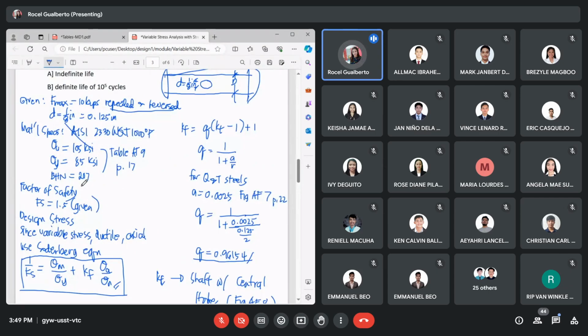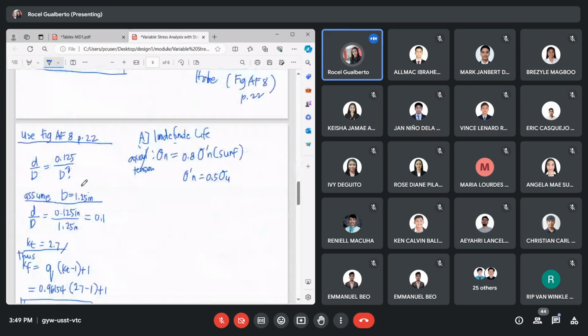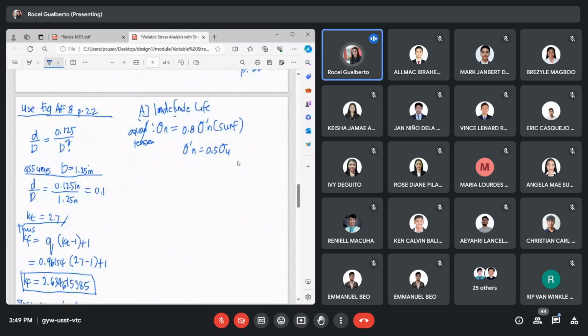If BHN is less than 400, you use 0.5 of sigma u. What is sigma u? 105 KSI. So, that will give us 52.5 KSI for your sigma prime n.